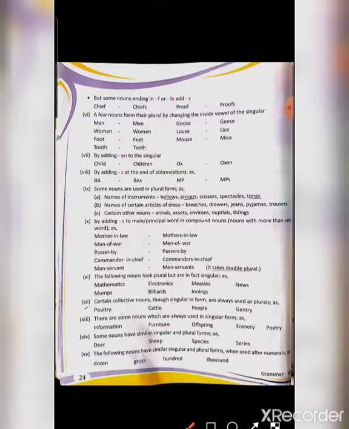We all know that these are also in pairs. It is never single. So these nouns are always used in plural form. Certain other nouns such as annals, assets, environs, nuptials and tidings.